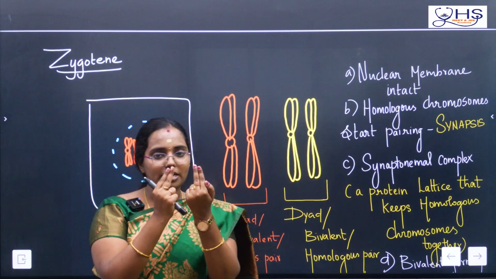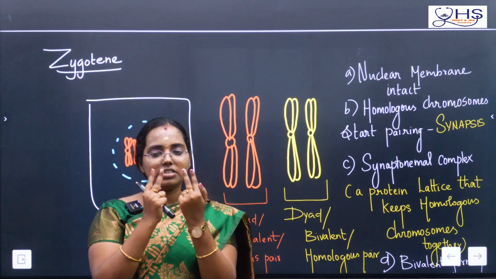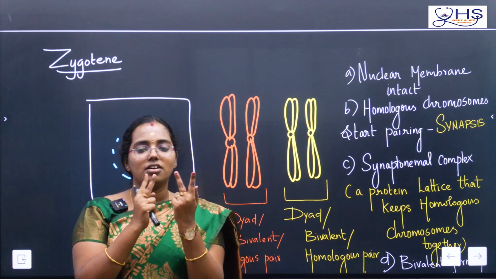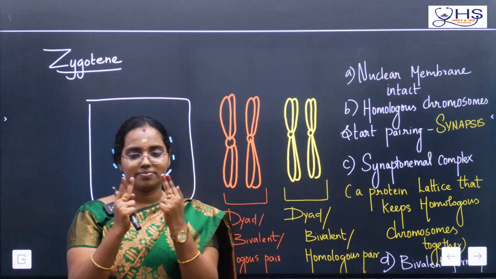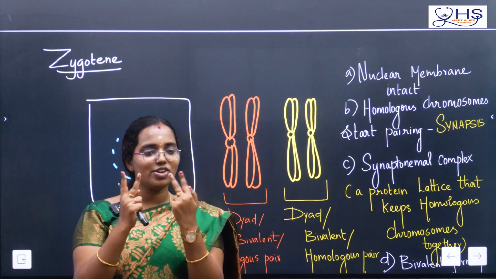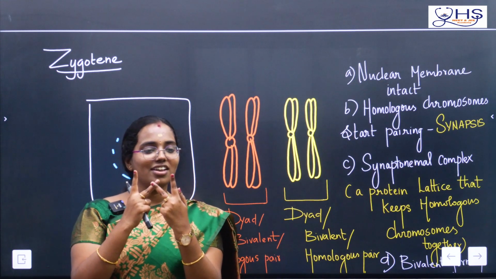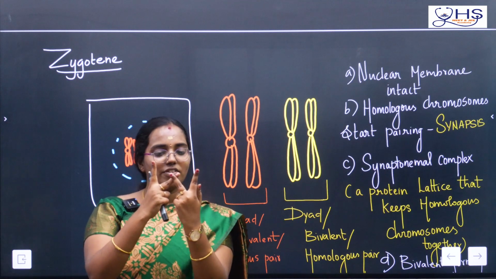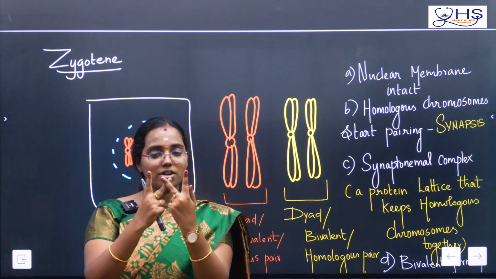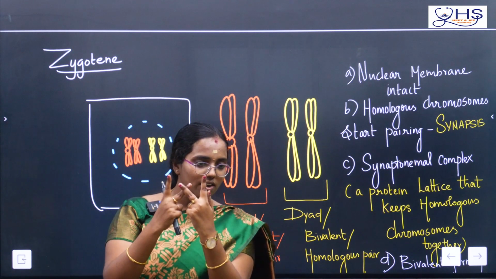A tetrad, then see, first they both are very rigid, making some scene, saying I will not talk. After some time no one can stop them. So this structure, when they started to talk with each other, is called tetrad.